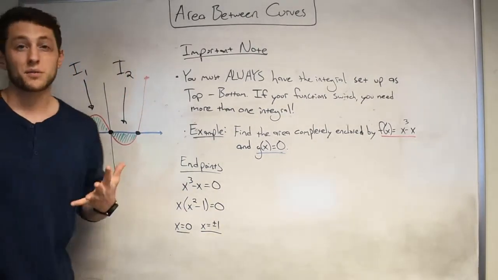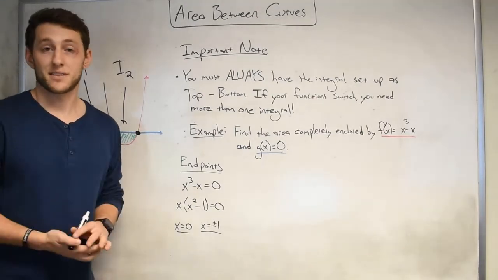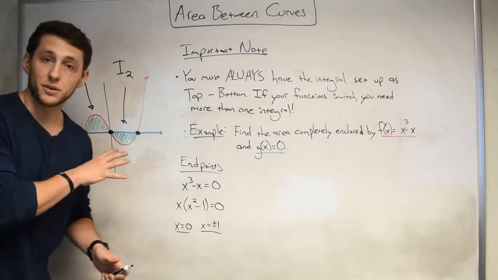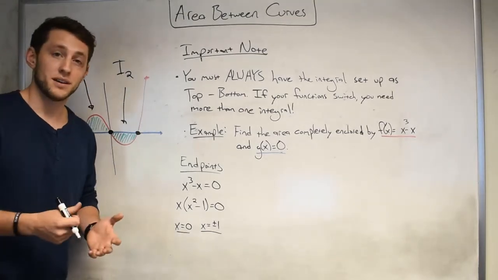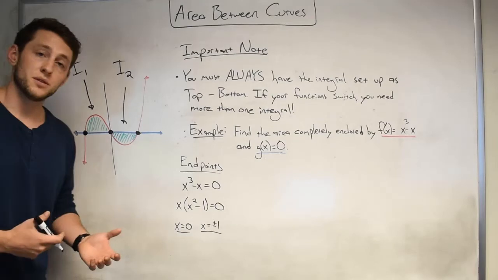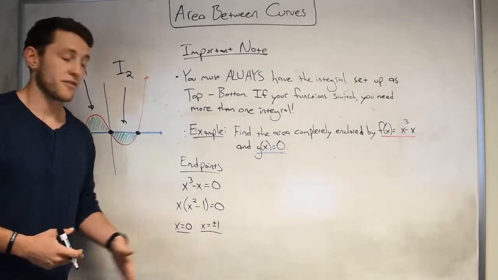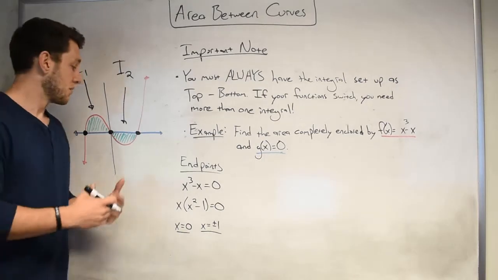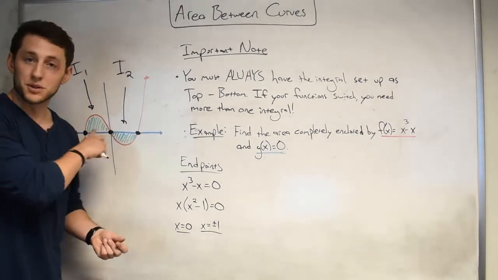Now, this is where I would really recommend a graphing calculator or just any kind of graphing device at all, because having the picture in front of you is a lot easier than trying to figure out which is top and bottom on its own. But one thing we can still try to do is take test points in between these different endpoints. This is an assumption that we would be having two integrals right here.